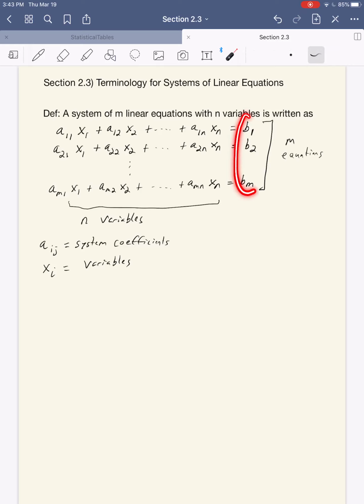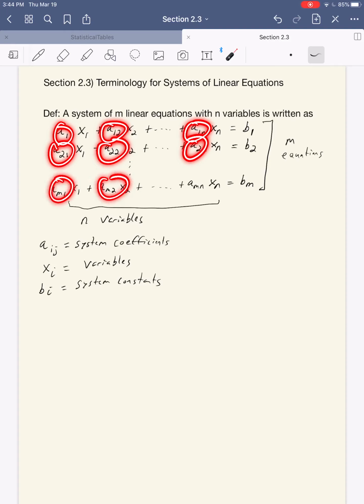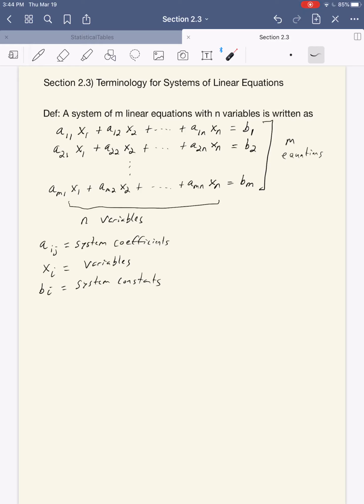And then these b's over here are also just constant values. Those b sub i, we call the system constants. So again, not a huge importance to know all that terminology, but do remember that the x's are our variables, and everything else is just constants. Anything over here is considered coefficients, and these are just called constants.